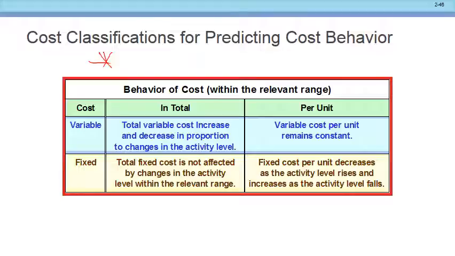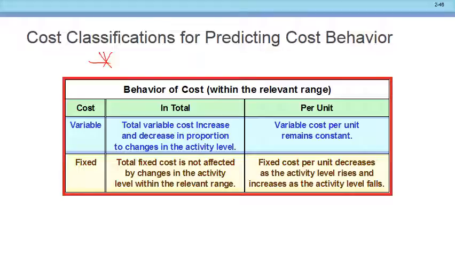Now, let me ask you this. Since my fixed costs per unit are coming down as I produce more units, and my variable costs per unit are staying the same, what's happening to my profit as I produce more units? My profit is increasing, isn't it?